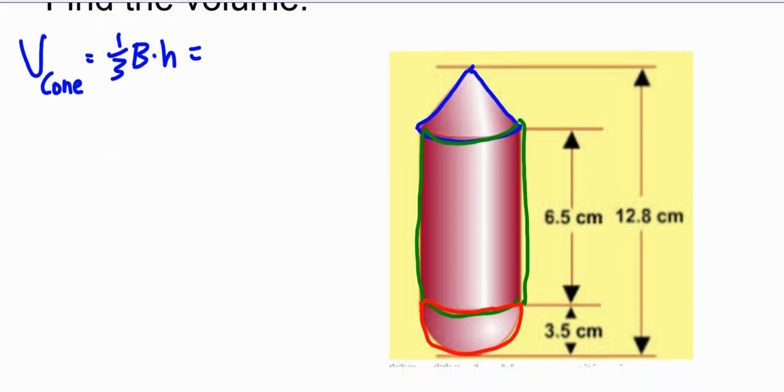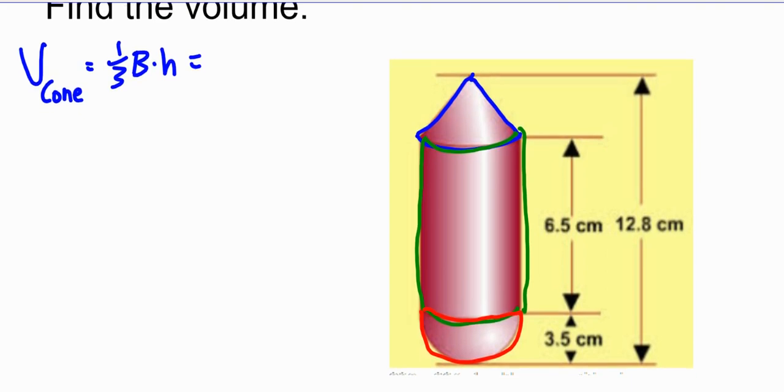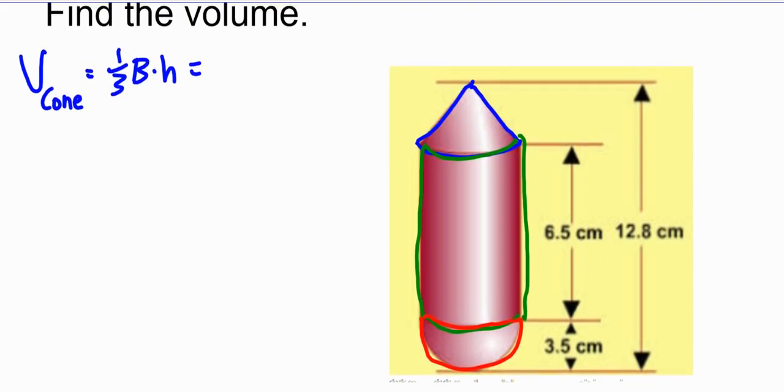So we're going to scroll down a little bit. It doesn't give us the radius here. But fear not, we can figure it out. And that is because we're going to look at the sphere down here.